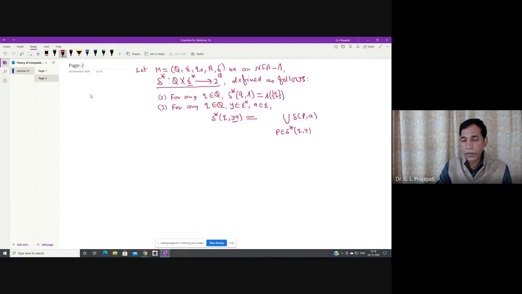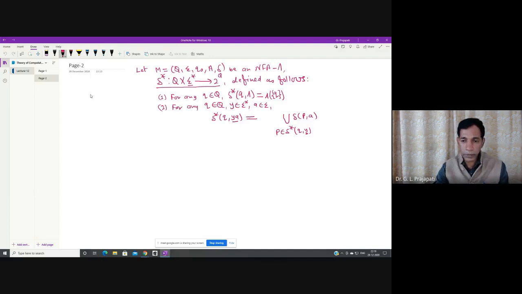So whenever you are in the state Q, first you need to know where you can go on reading the input string y from the state Q. This is the set, and for every element of this set, you need to know where your machine can go if it reads the input a from that state, and then make the union.